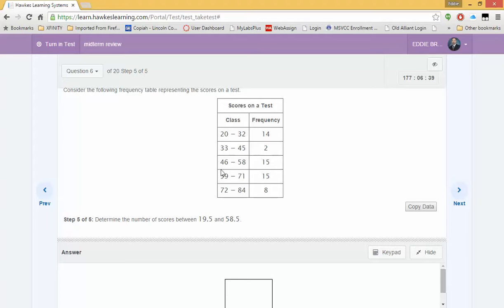So we add 14, 2, and 15 together, because if I went to 58.5 as the lower class boundary, it wouldn't include this class. We want the scores between 19.5 and 58.5, so it's going to be this class, and this class. Add those together, looks like you get 29 and 31.